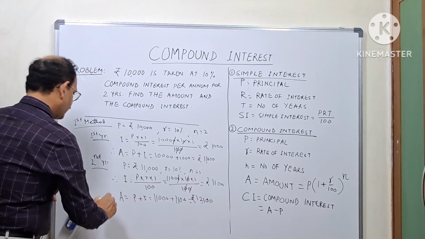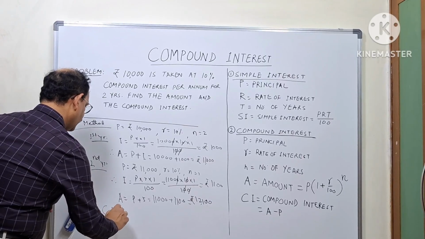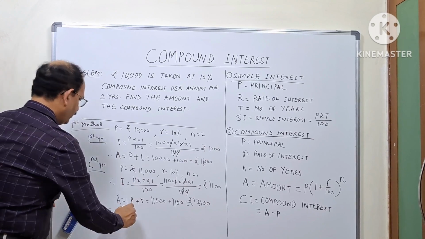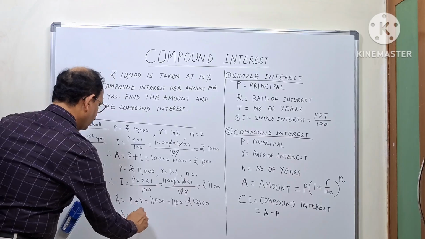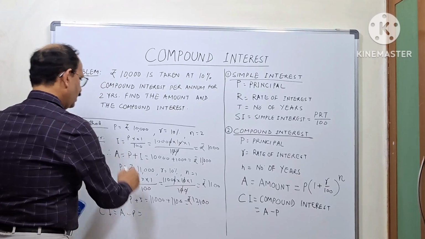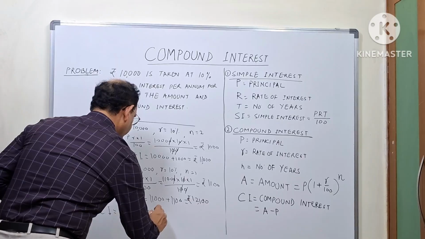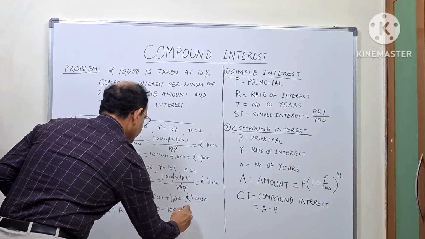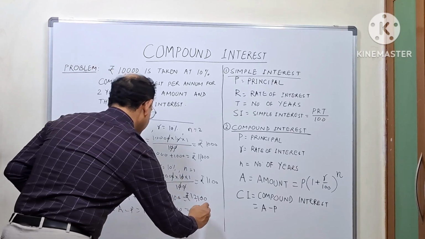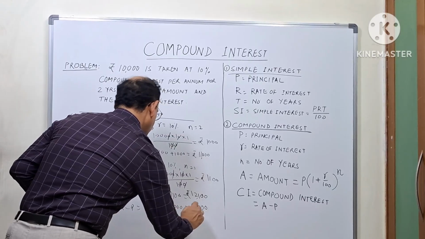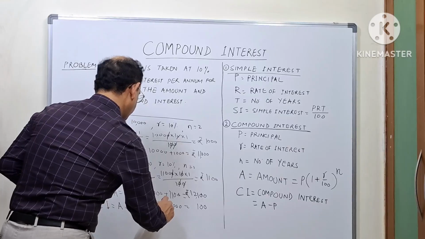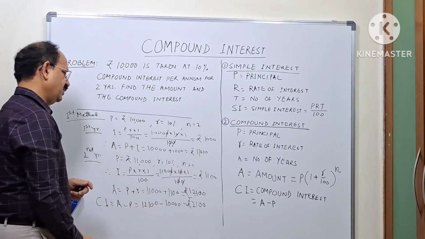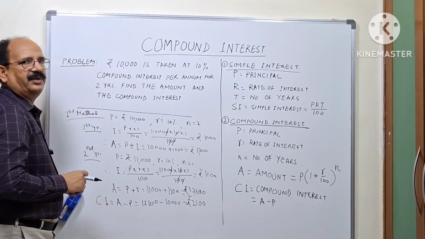And therefore, if I have to calculate the compound interest, it is the final amount minus the original principal, that is 12,100 minus the principal, which is 10,000. So it is 2,100 rupees. 2,100 is the compound interest, right?